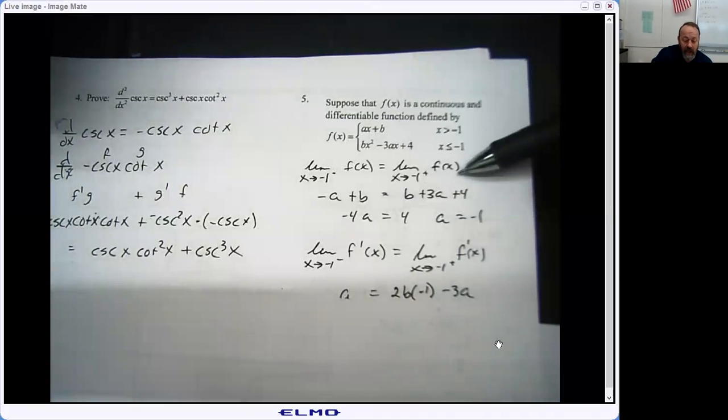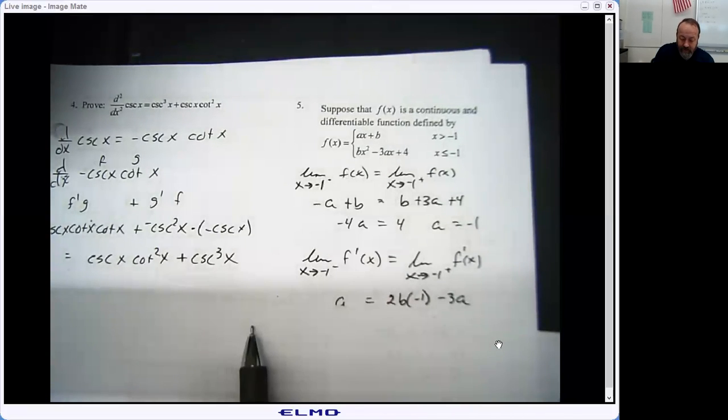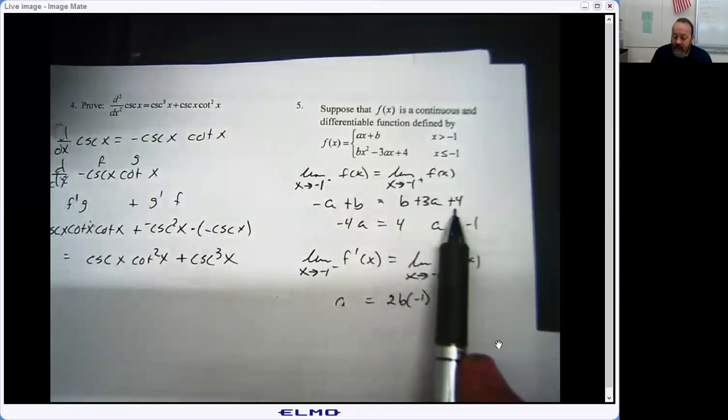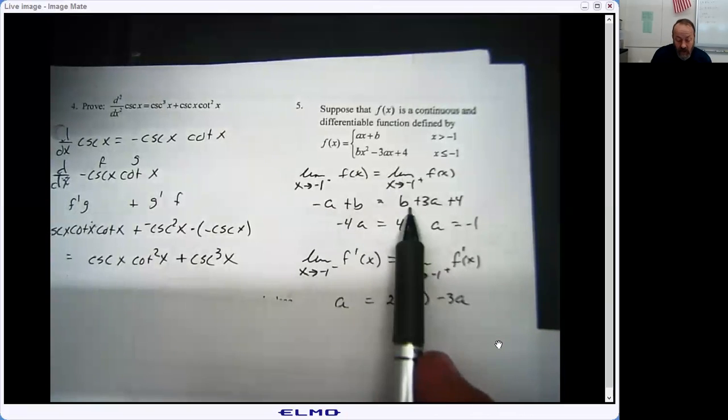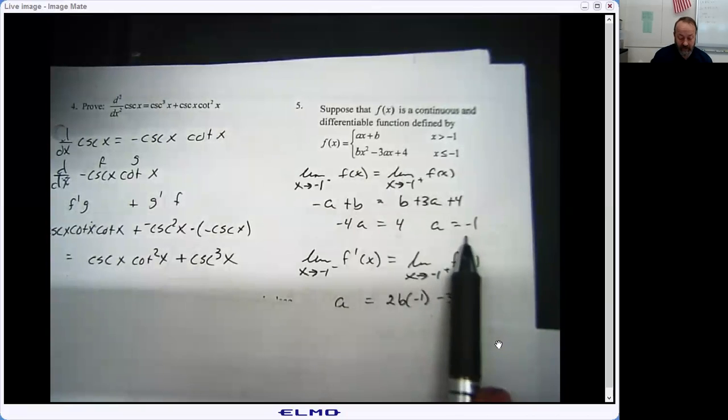I also looked at what happened from the right, and if it's continuous, those two values, in fact, have to be the same. So if I plugged in -1 here, I'd get -a plus b, and if I plugged in -1 in the bottom function, I got that. And just really lucky, this does not always happen, but in this particular story, the b's totally went away, and I found out what a was.